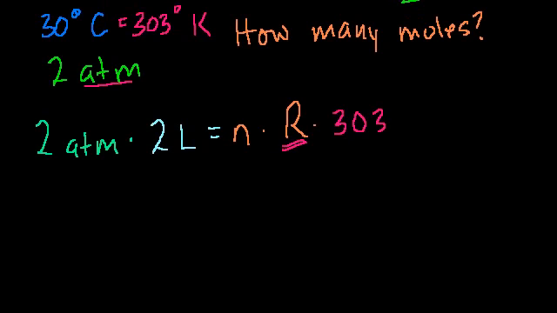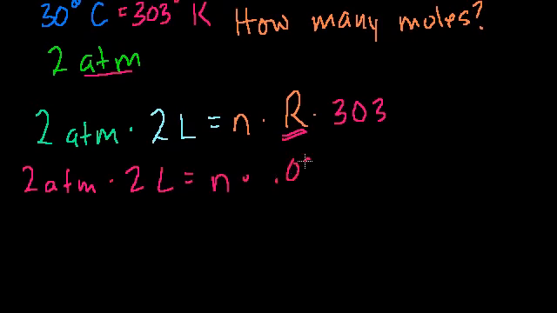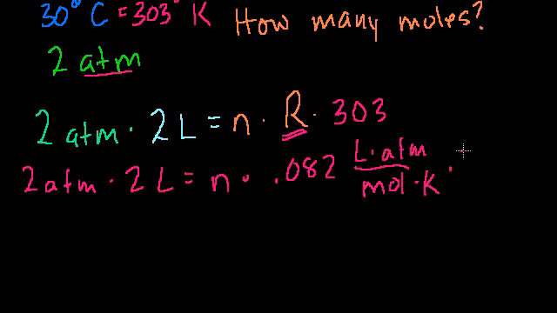So let me rewrite our whole equation, actually. So I have 2 atmospheres times 2 liters is equal to N times 0.082 liter atmospheres per mole Kelvin times 303 degrees Kelvin. All right, so let's see if all of the units work out.